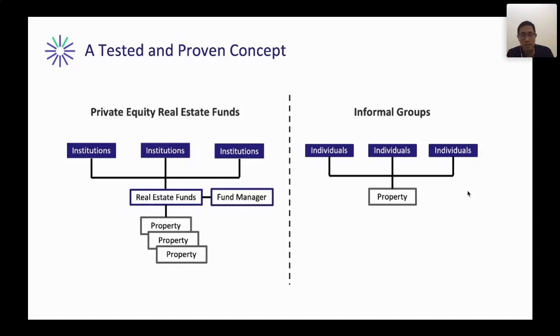Now, with technology, we are trying to create some structure and efficiency around this, right? So co-investing through an online platform is to bring that institutional level of co-investing right down to the retail level, right? Next slide, please.